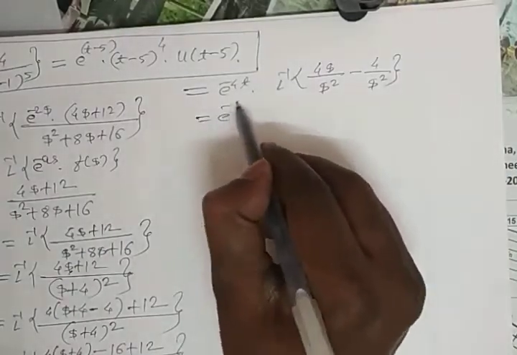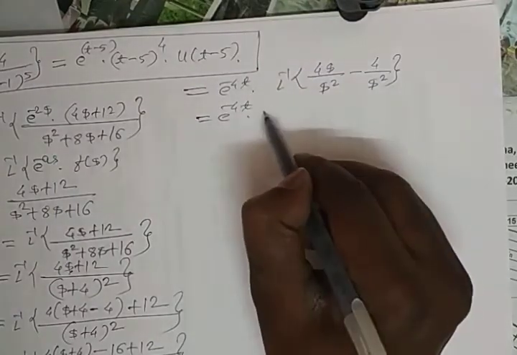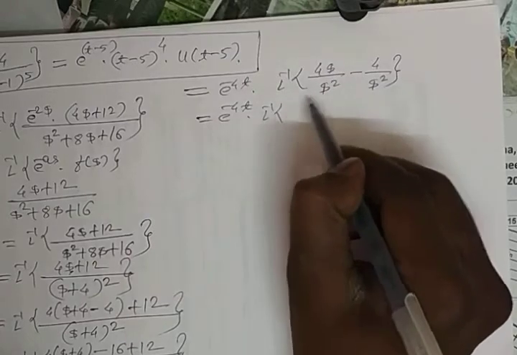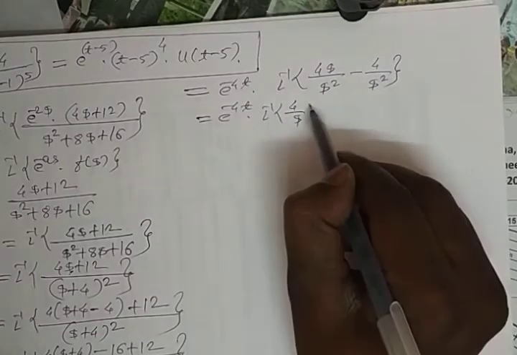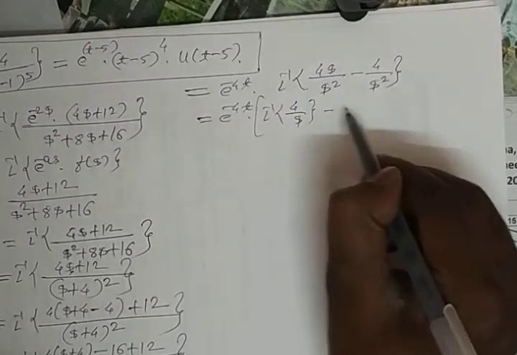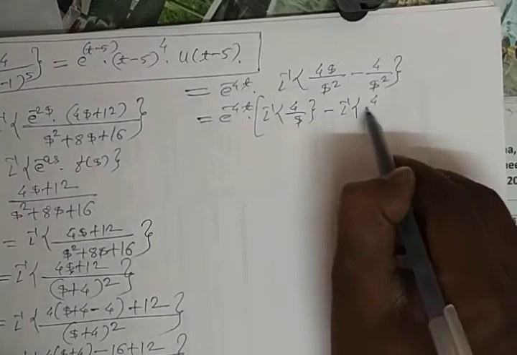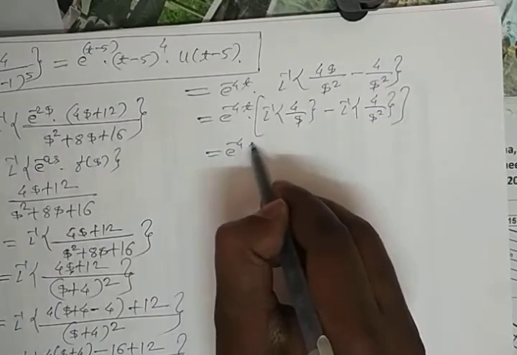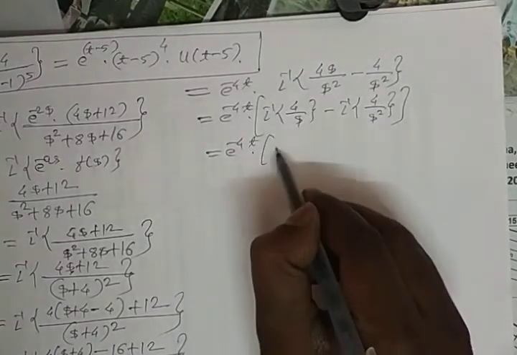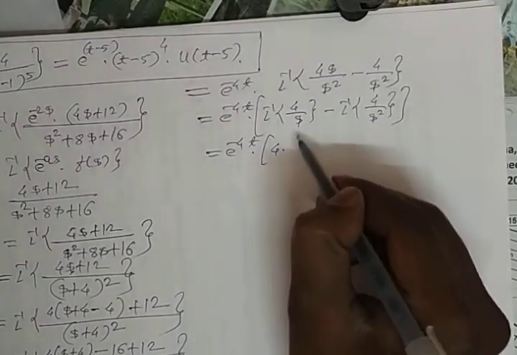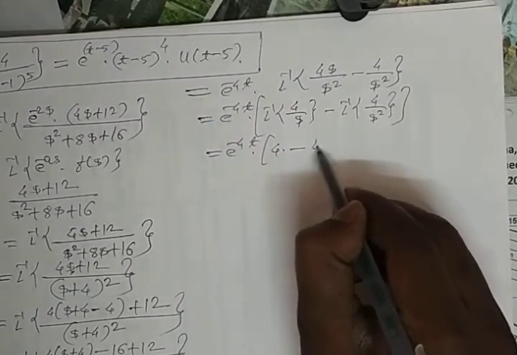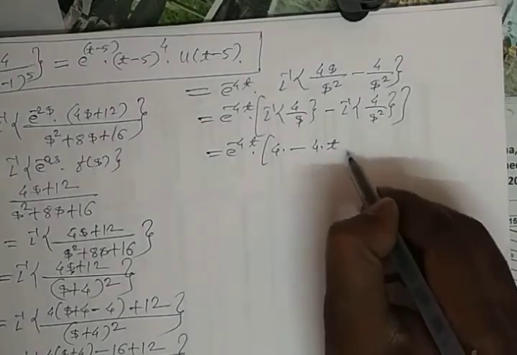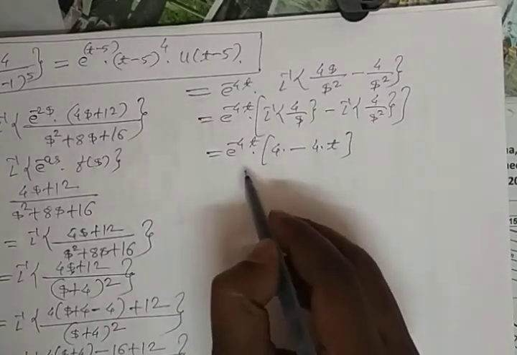That is equal to e raised to minus 4t into Laplace inverse of, this s is cancelled, so this will be 4 upon s, and here Laplace inverse of 4 upon s square, bracket close. Now that is equal to e raised to minus 4t in bracket 4 as it is, Laplace inverse of 1 by s is 1, minus 4 as it is, Laplace inverse of 1 upon s square is t raised to 1 upon 1 factorial, that is 1.